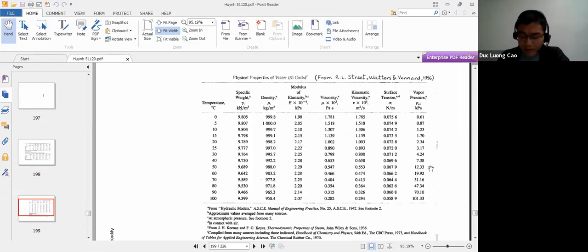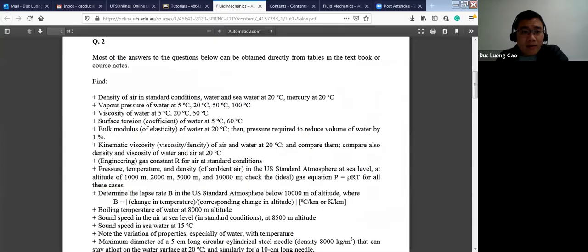Okay, do you have any question? Use this table. There's question 2 about vapor pressure, and you have one question about boiling temperature. Okay, boiling temperature. We will work with this question later because this one is related to the altitude.